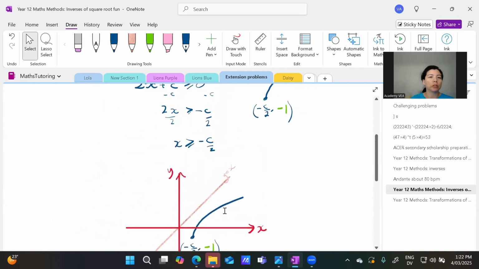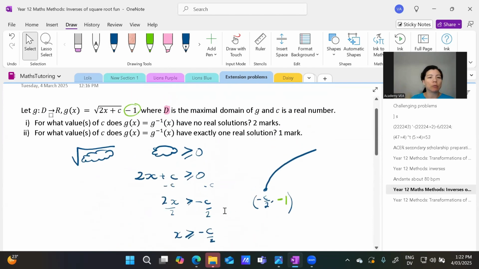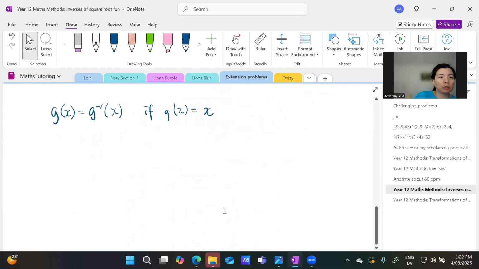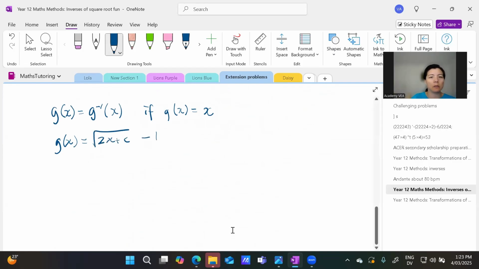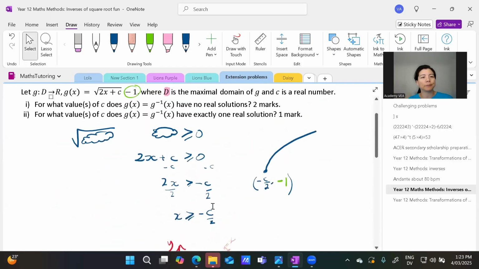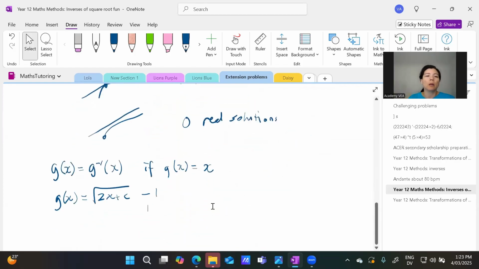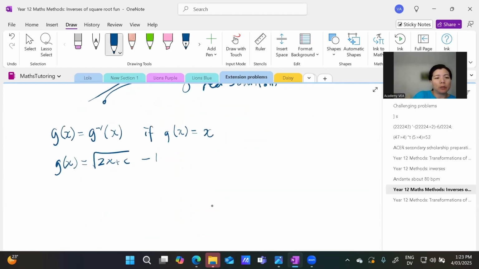So if I take my original function and write it out, g of x equals the square root of 2x plus c, minus 1, I believe. Just checking that. Yep. And we make it equal x. These two equal each other, basically. So we have the square root of 2x plus c, minus 1, equals x.